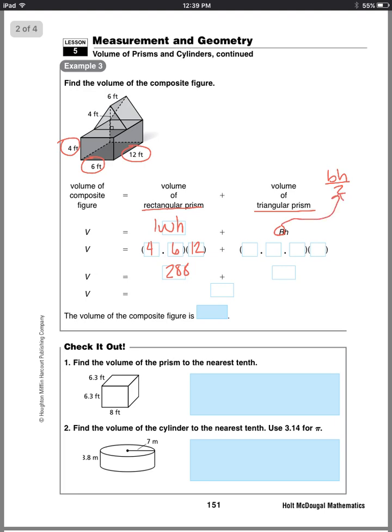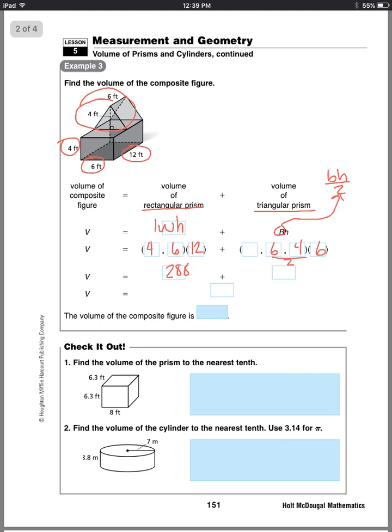So when we put these in there, we are going to take the base and height of the triangle. This is the triangle, so the 6 and the 4, and we are going to divide it by 2. Okay? Times the height of the triangle, which is also 6.